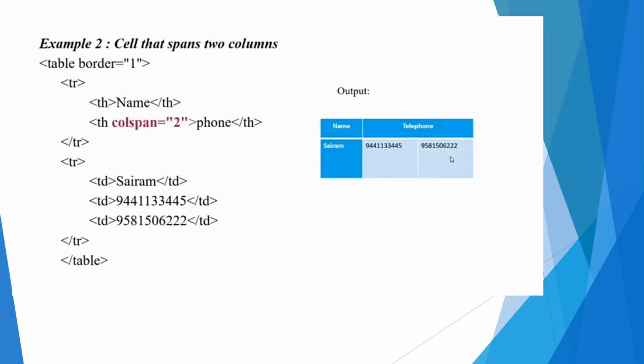Example for spanning two columns. Here we will see how two columns are spanned. See here, actually these are two columns, right? This is the second column and this is the third column, but we have spanned, means we have merged these two columns as one cell. How? We will see in this example. Table border is given as 1, and the first row is tr.